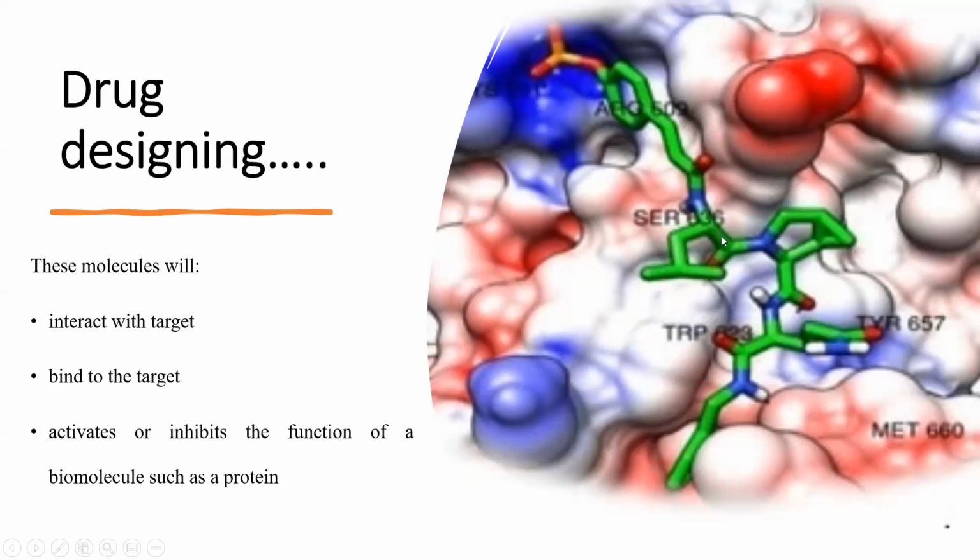You have your drug binding to it. That is the way it binds. Once it binds to it, it will interact. There must be interaction between your drug and the biological target. There must be interaction between your drug and the spike protein. It is when the two of them bind and interact together.